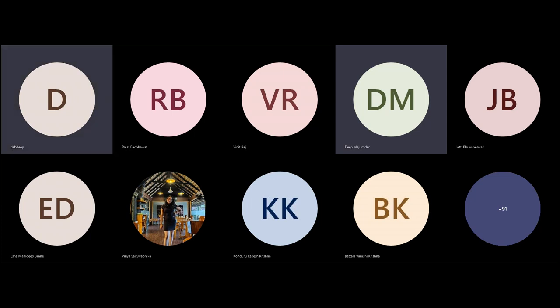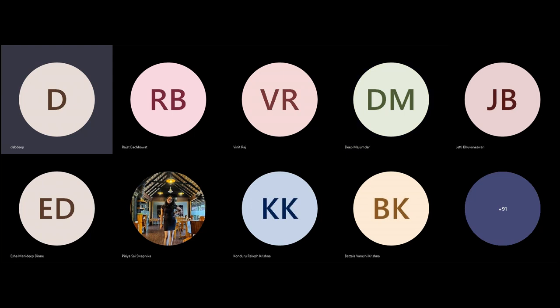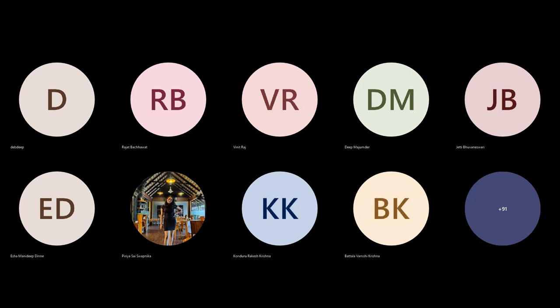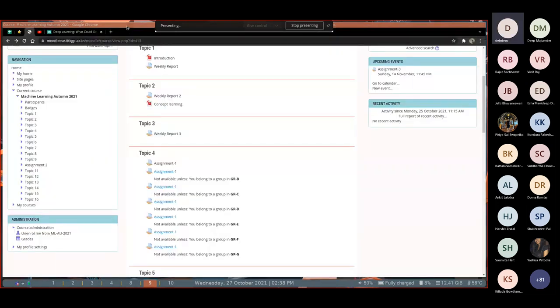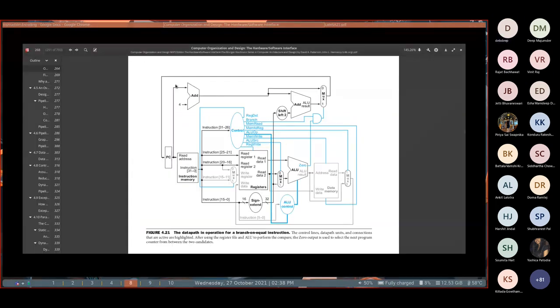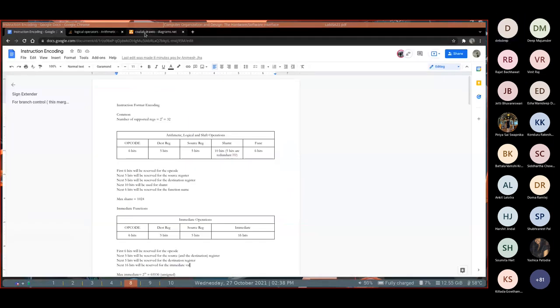Okay. Any other group that wants to show their opcode design, or your data path and control path, etc.? Yes, we are group one, me and Animesh, we would like to share it. Okay, please go ahead. Yes, sir.